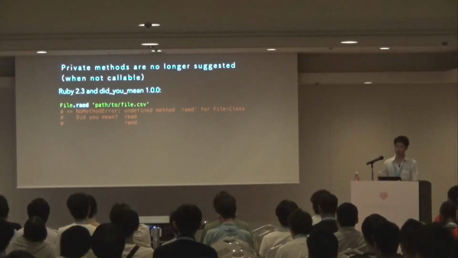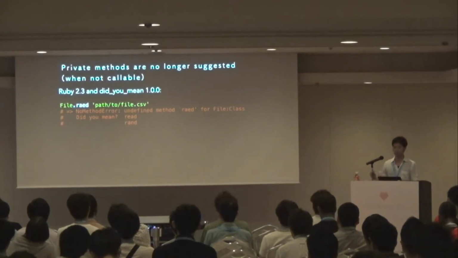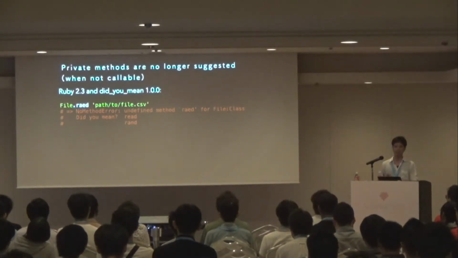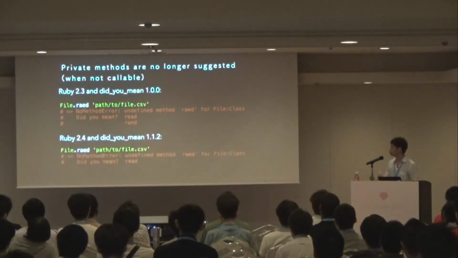This was happening because there used to be no way to detect whether the method call is somewhere you can call a private method. But Ruby 2.4 added a new method called private_call?, so that we can detect if this is a private method call or something that is outside of the context.